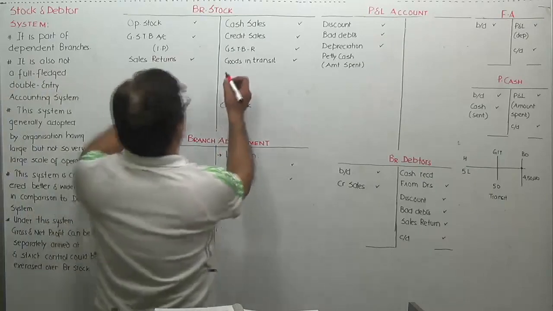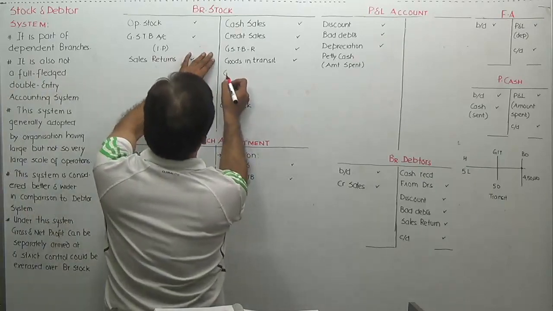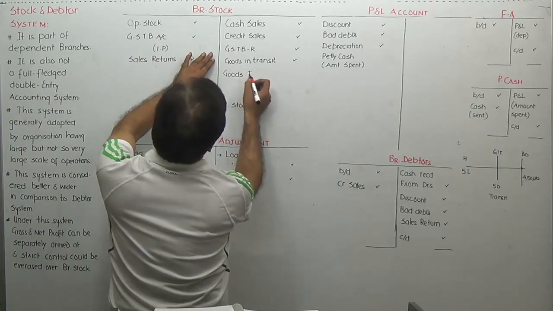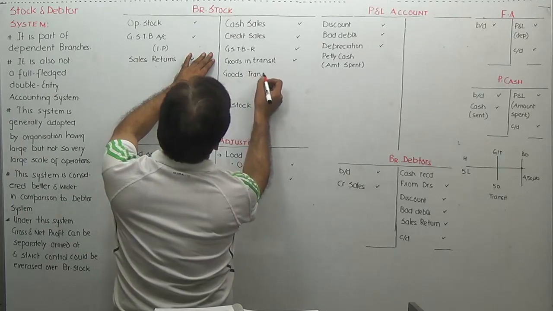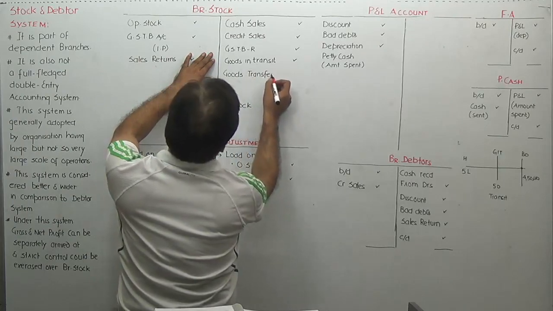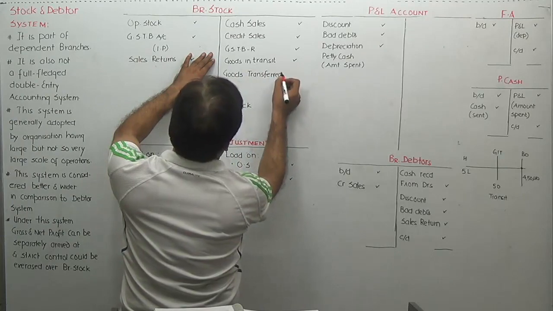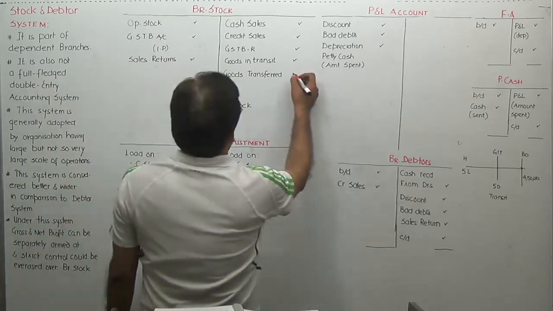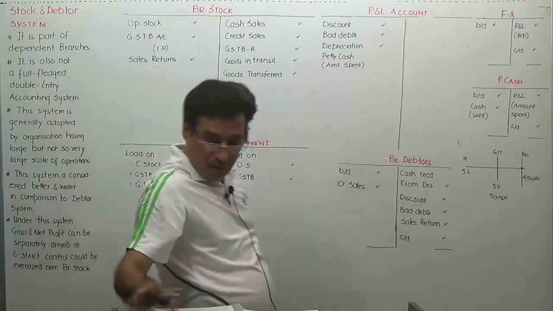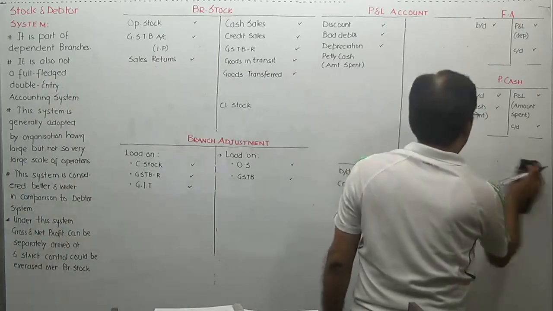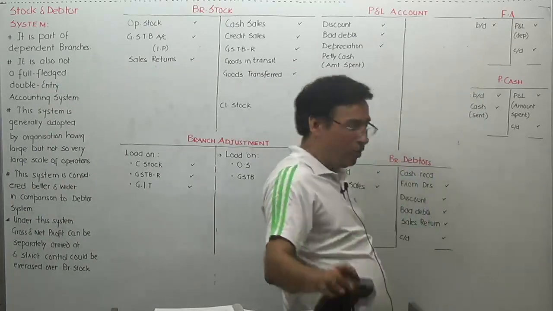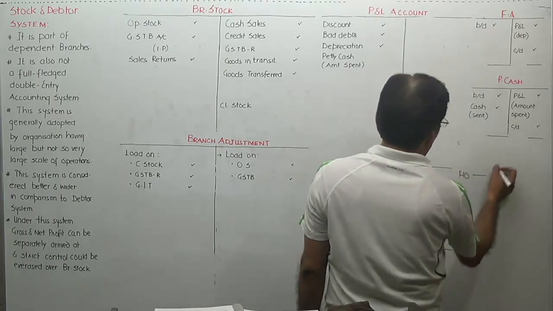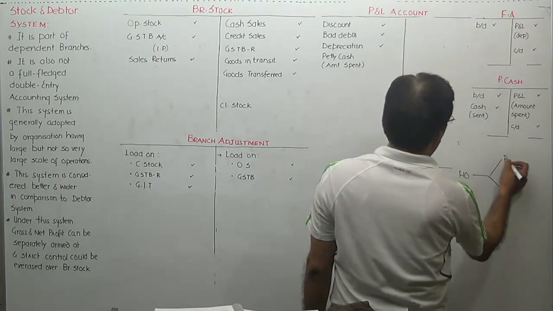Now, goods transferred. What do we mean by goods transferred? See here. Suppose a particular head office has two branches, branch 1 and branch 2.